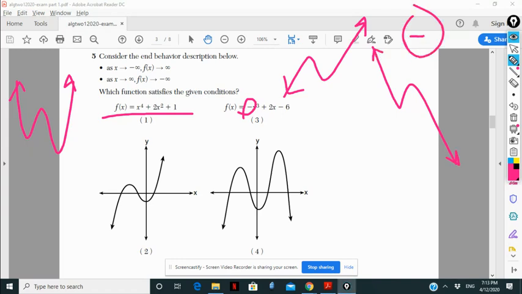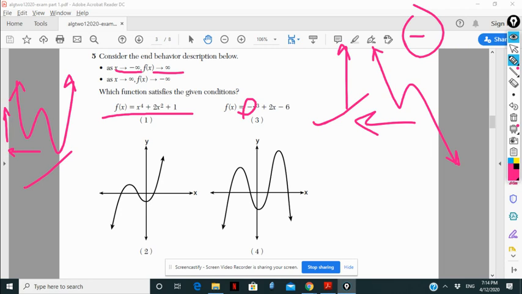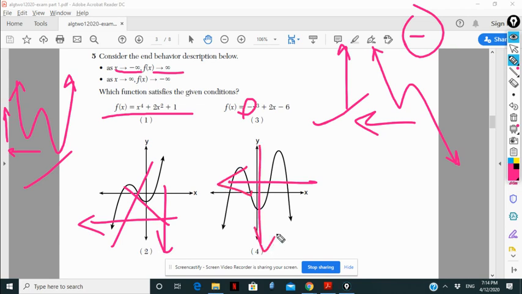So these are the shapes. Now I'm going to see if it goes to negative infinity or positive infinity. Here is negative infinity, positive infinity. So that's correct. But also this is correct. Negative infinity, negative infinity. That's incorrect.